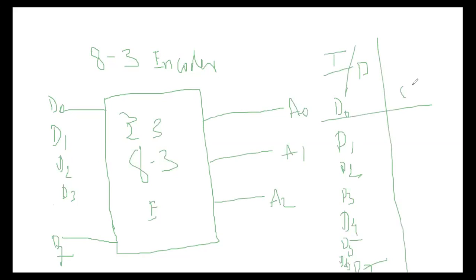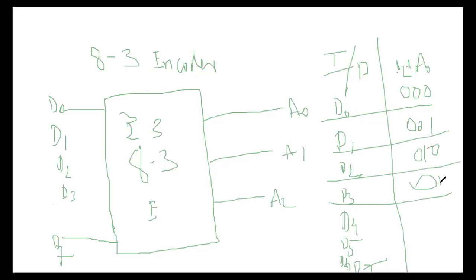For D0, the outputs A0, A1, A2 are 0, 0, 0. D1 is 0, 0, 1. D2 is 0, 1, 0. D3 is 0, 1, 1. And D4 is 1, 0, 0.